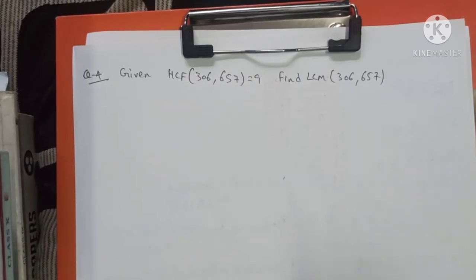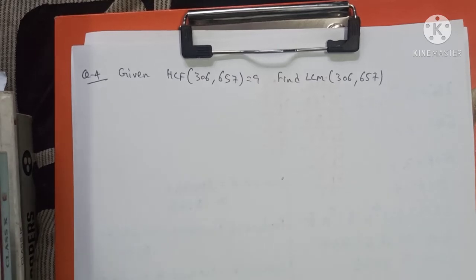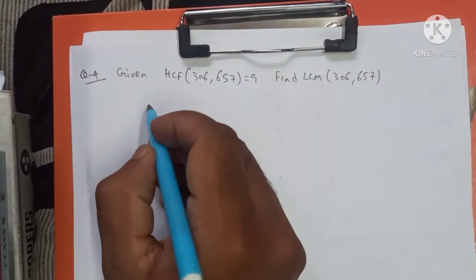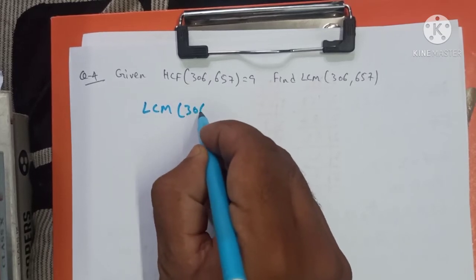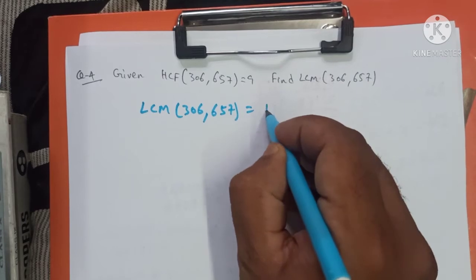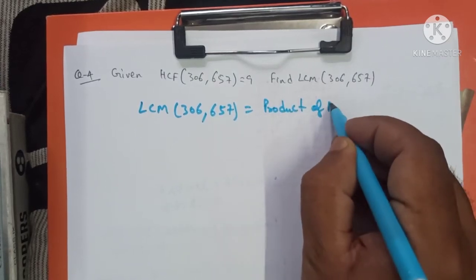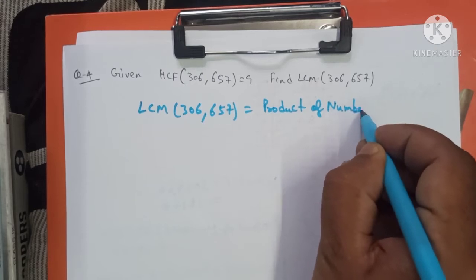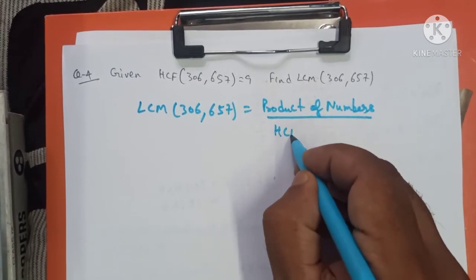Question number 4. HCF of the two numbers is given and we have to find out the LCM. Very simple question. We know that LCM of the two numbers, like here LCM of 306 and 657, will be equal to the product of numbers upon the HCF of the two numbers.